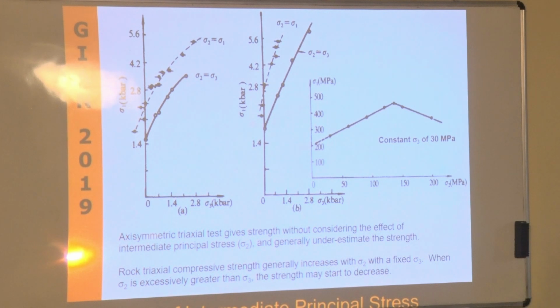Talking about the polyaxial test, this is when instead of cylinders you use prismatic or cubical samples, and you can apply the three principal stresses independently. One of the big questions is what is the effect of the intermediate stress, sigma 2.